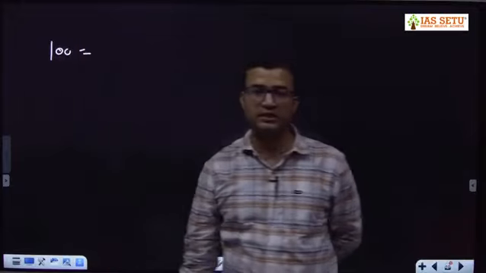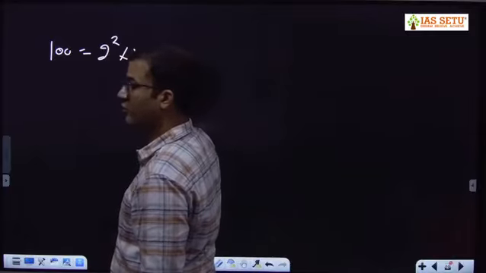Take 100. Quickly convert this 100 into prime form. Done. What is 100? 2 square into 5 square.